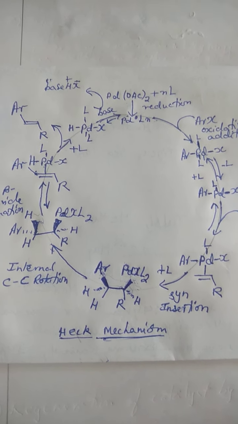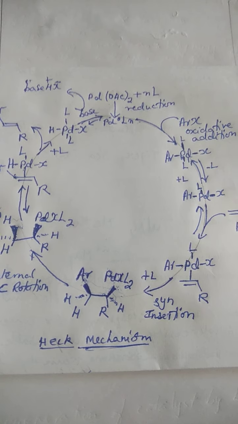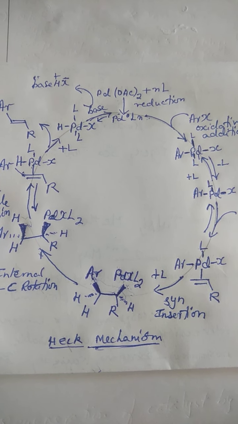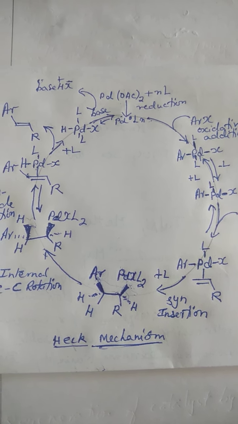This is a very interesting cycle. These are now the points which were discussed earlier, which you must have noted. Now let's see how, according to those points which we have understood, the cycle operates. So having a closer look, this is now palladium, the pre-catalyst.